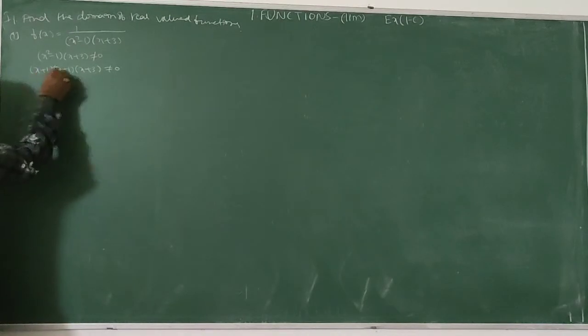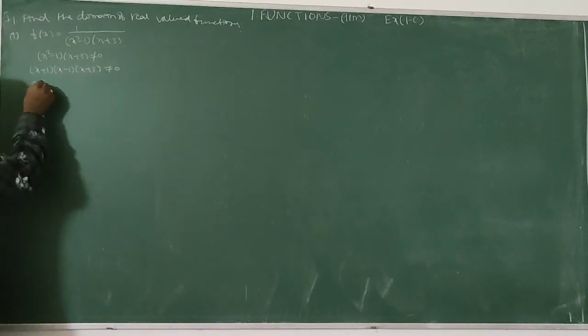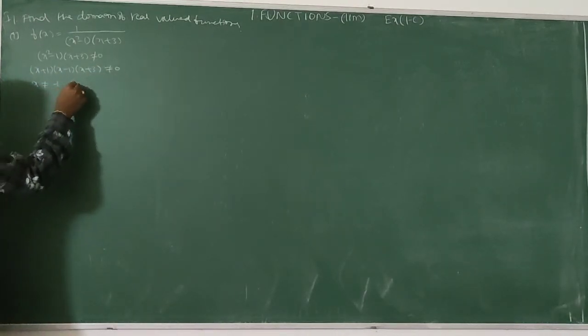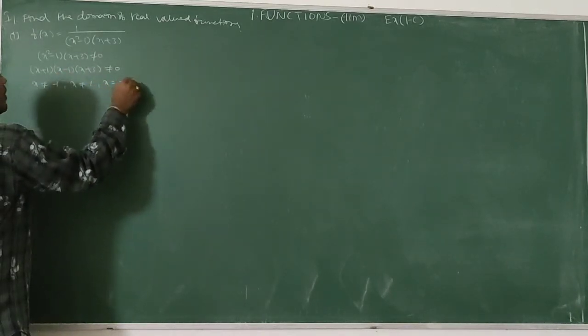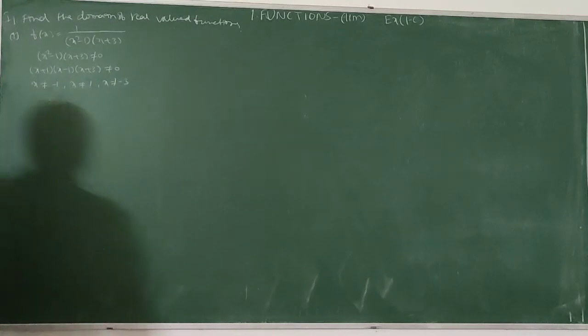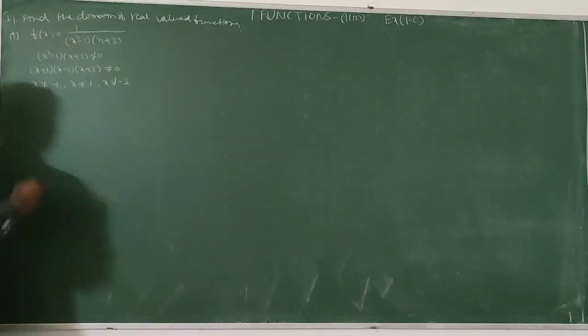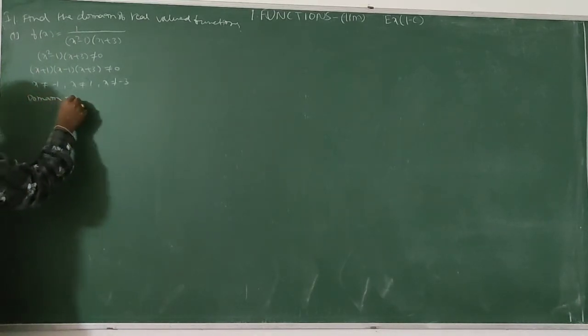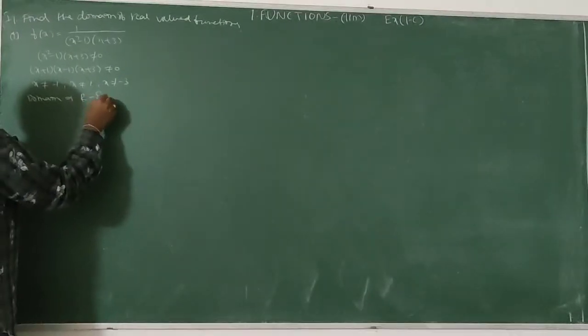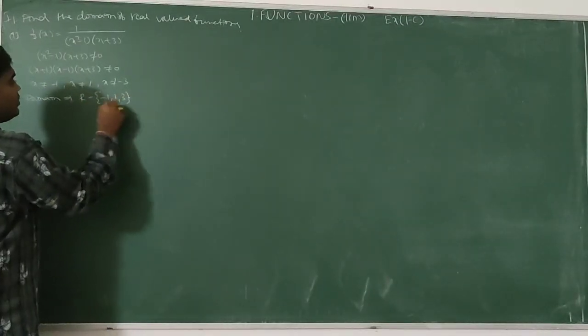So x not equal to minus 1, x not equal to 1, x not equal to minus 3. So this is the domain: R minus {minus 1, 1, minus 3}.